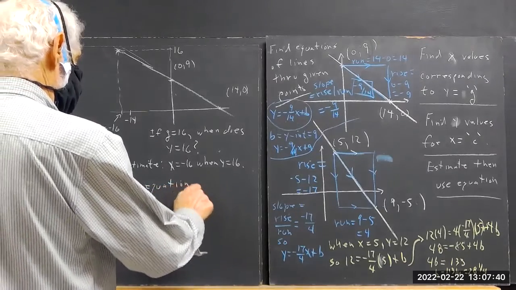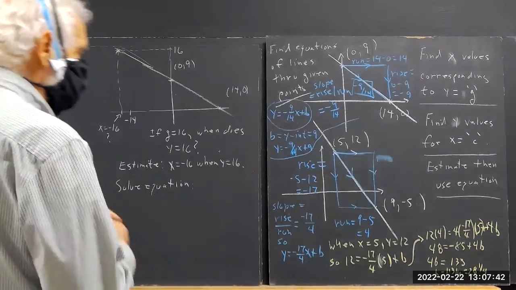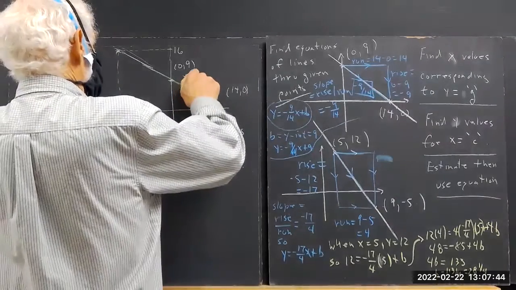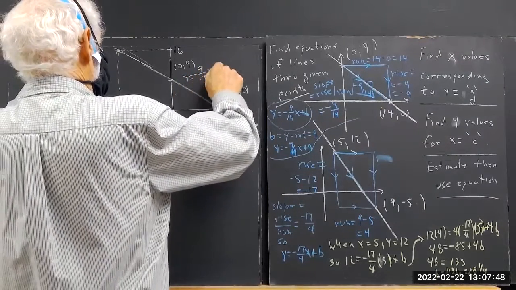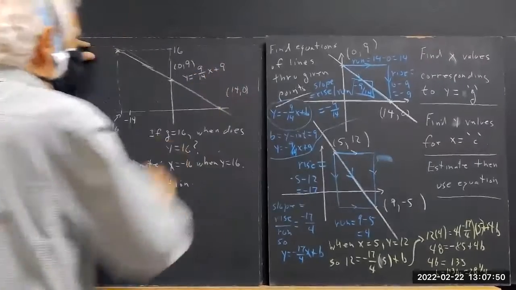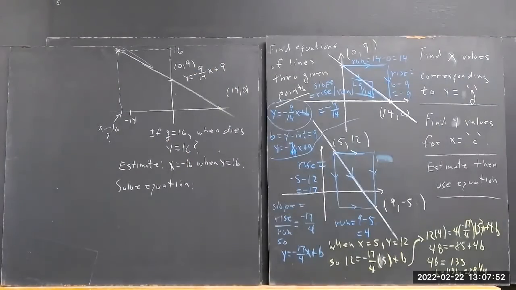Solve the equation. And of course, the equation of my line is y equals negative 9/14 x plus 9.